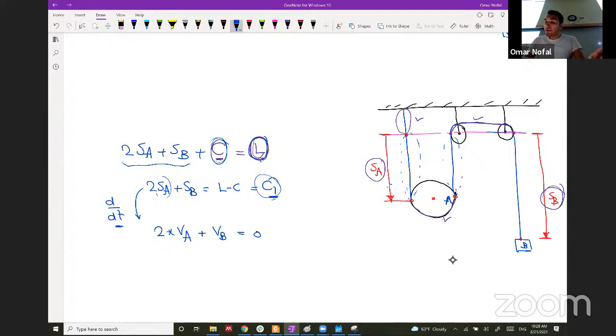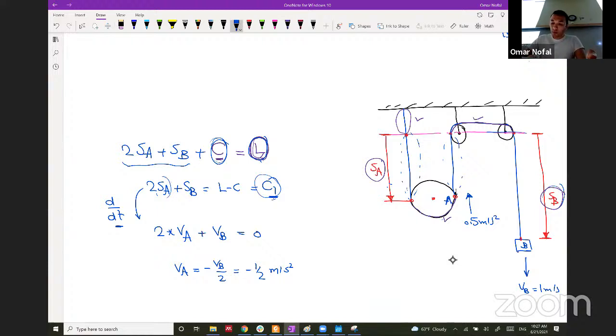So if we know that VB is moving downward with 1 meter per second, you can get VA equal to negative VB over 2, so it will be negative half meter per second. So it will go up 0.5 meter per second.